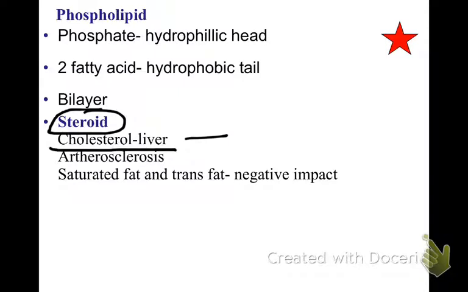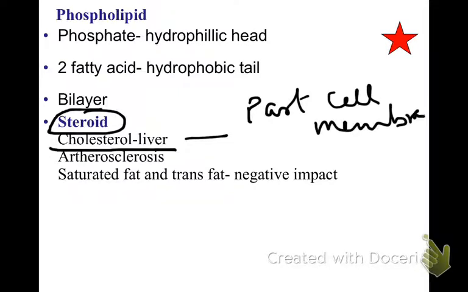Now cholesterol is also part of the cell membrane in certain cells, and it is responsible for giving that cell either a certain amount of fluidity or a certain amount of rigidity, depending on which part of the world that particular cell is in. So it can have a broader range of tolerance over the cold.